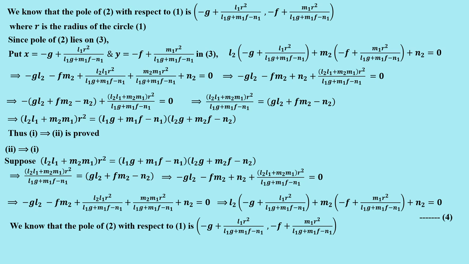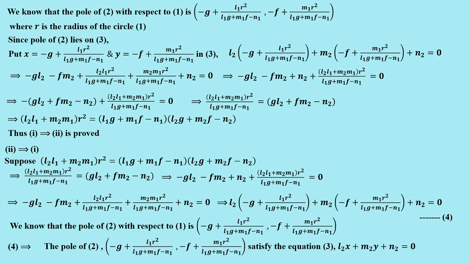We know that pole of 2 with respect to 1 is (minus G plus L1 r square by L1G plus M1F minus N1, minus F plus M1 r square by L1G plus M1F minus N1). So 4 implies the pole of 2 satisfies the equation L2x plus M2y plus N2 equal to 0. So pole of 2 lies on 3. So line 2 and 3 are conjugate.